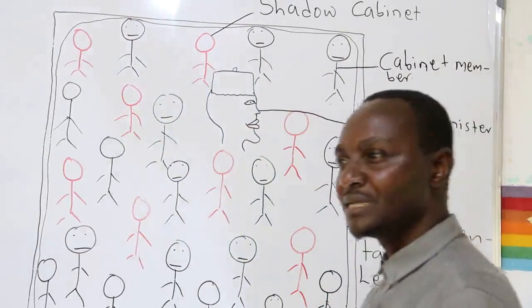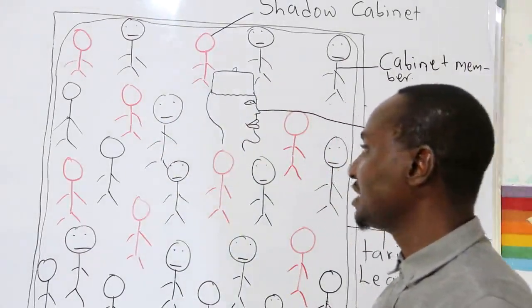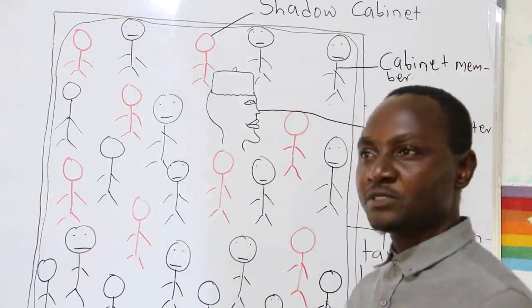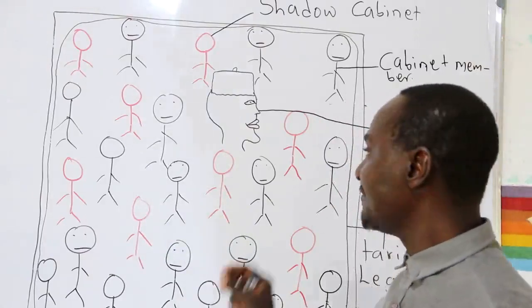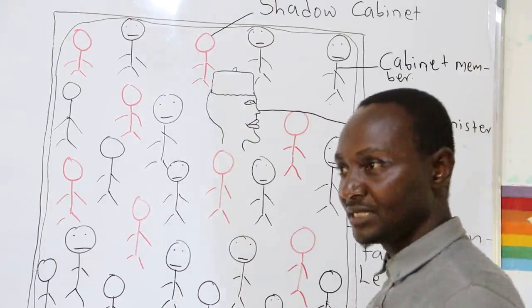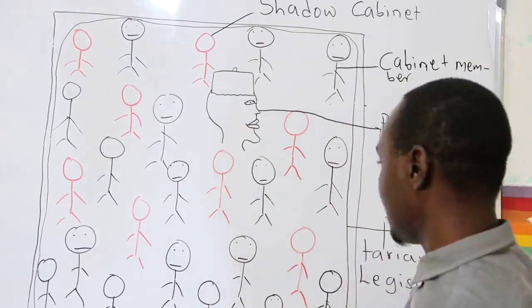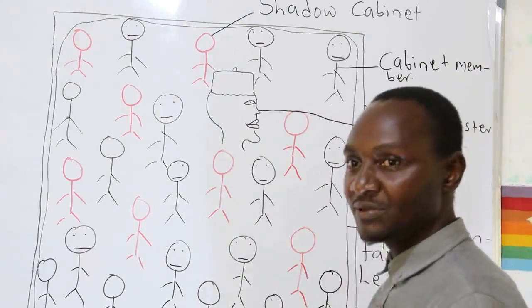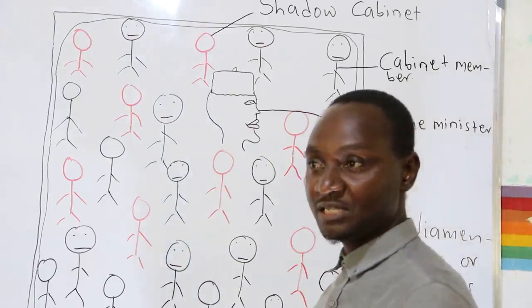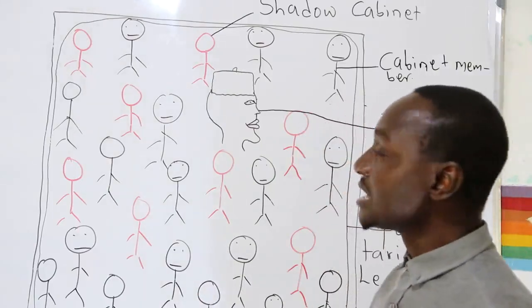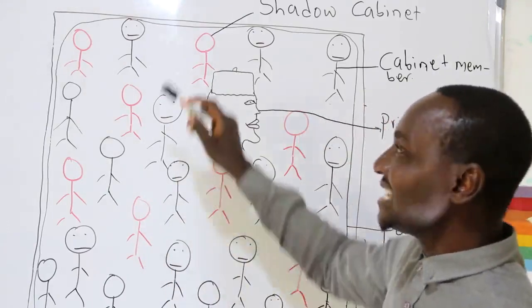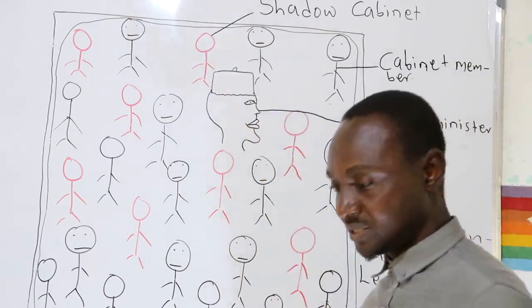Now, the shadow cabinet actually consists of people from different political parties who have just few seats in the parliament. The parliament is like the National Assembly we have in Nigeria, but Nigeria is not practicing a parliamentary system of government. Nigeria practiced a parliamentary system of government between 1960 and 1966.